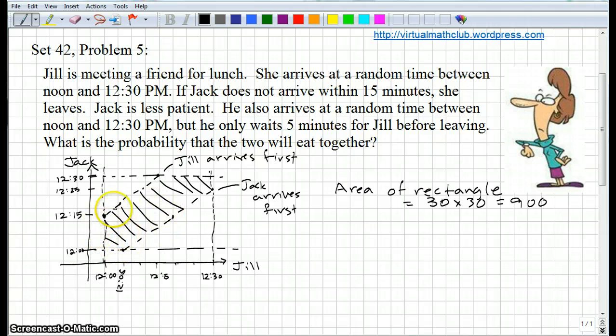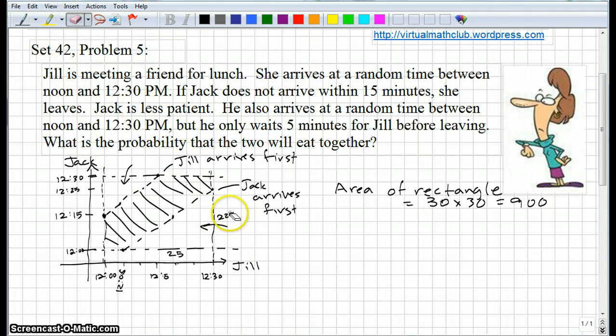It's actually easier to figure out the area of these triangles where they don't meet and subtract it from the whole area, because those triangles are fairly easy to figure out. Because it's 12:05 to 12:30, this length is 25 minutes and this length is also 25 minutes, right?